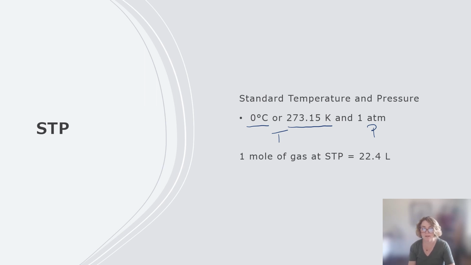Now the interesting thing, and we have had this on our mole map all semester, is that 1 mole of a gas at STP is 22.4 liters. All right, so next slide, we are going to be talking about the ideal gas law.